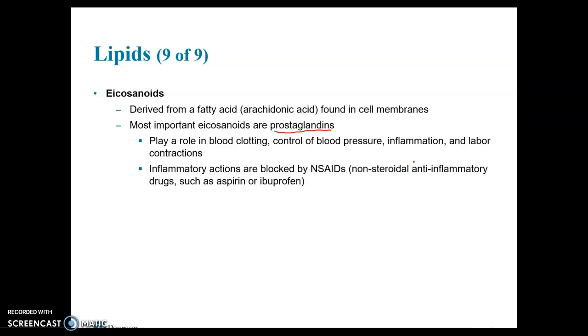NSAIDs, you've probably heard of NSAIDs, which are non-steroidal anti-inflammatory drugs, aspirin, ibuprofen, Tylenol. These are all, well, I know aspirin and ibuprofen. I'm actually not sure if Tylenol is, but anyway, NSAIDs block the action of the eicosanoids or prostaglandins.